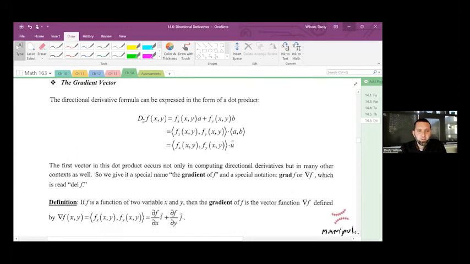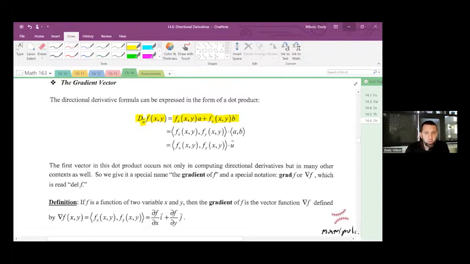The gradient vector. The directional derivative formula can be expressed in the form of a dot product. So the directional derivative of f in the direction of u at x, y is equal to the partial derivative of f with respect to x at x, y times a plus the partial derivative of f with respect to y at x, y times b.